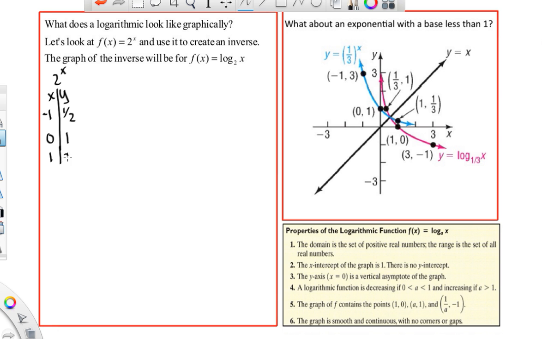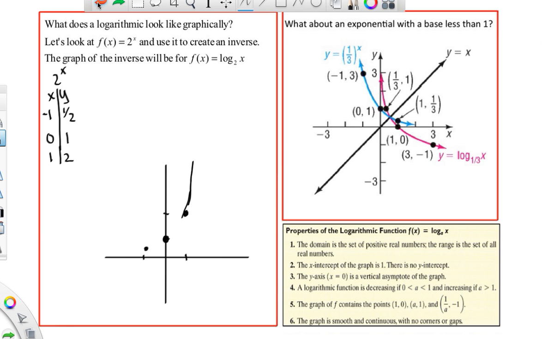And at 1, it would be 2. So if I graph that one, then I should get 0, 1, 1, 2, and a negative 1, a half. So that looks a little bit like this.